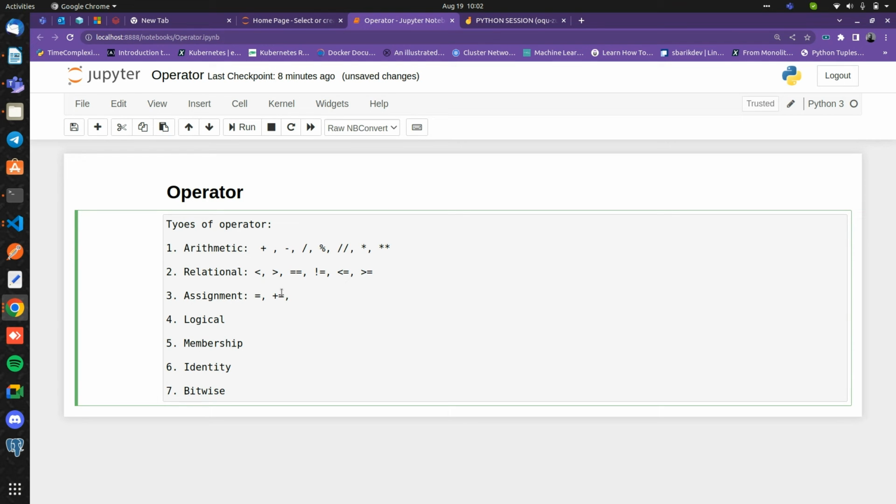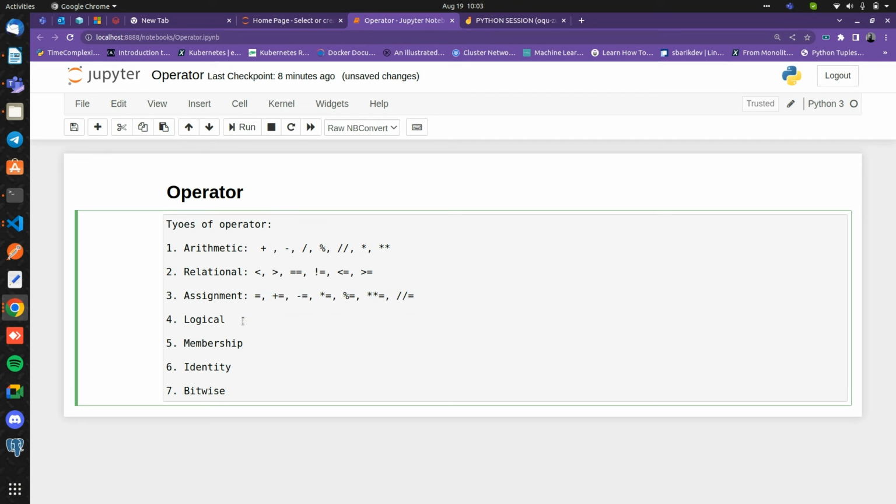So that is plus equal to, minus equal to, multiplication equal to, modulus equal to, exponential equal to, and floor division equal to. Alright, so these are all the assignment operators.